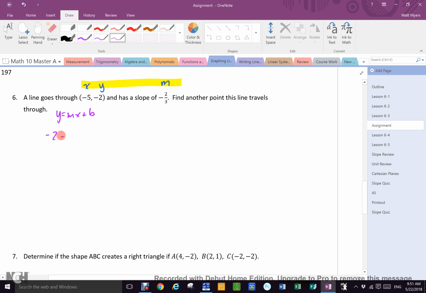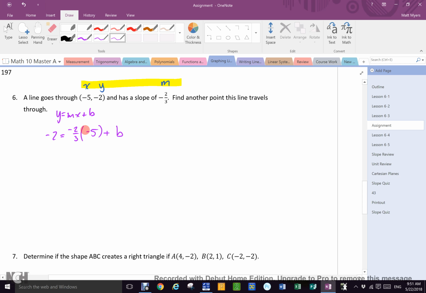What can I write right there? Negative 2 equals. Negative 2 over 3. Negative 5. Plus what? B. What should I do to find out what b is? Solve this equation. I do math.